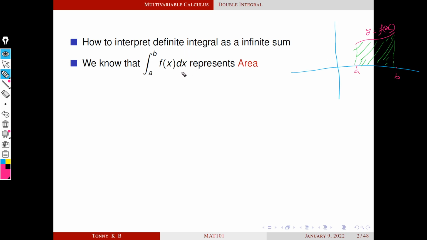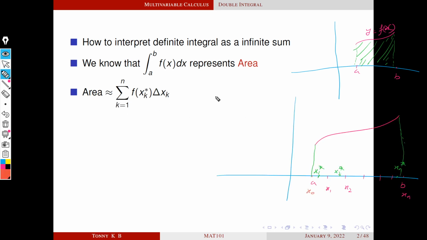Next, we are going to evaluate the same area using another way, like an infinite sum. Our aim is to approximate or evaluate the area between this curve and the x-axis from a to b.